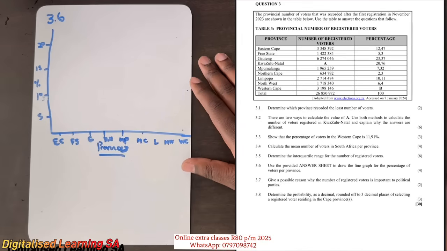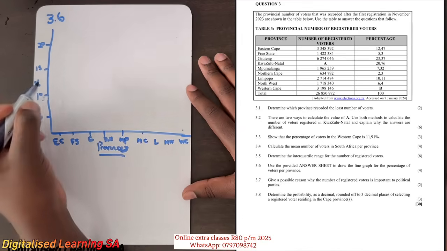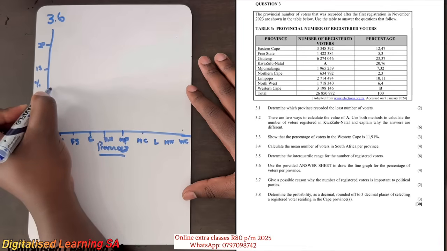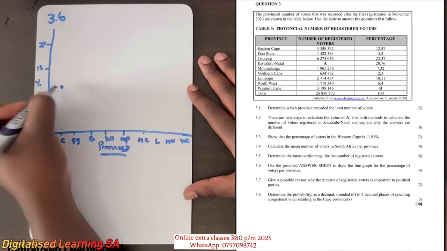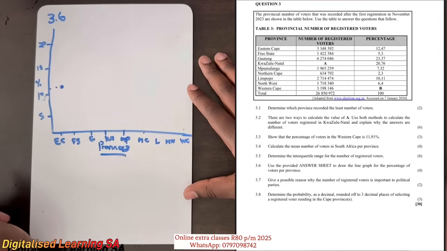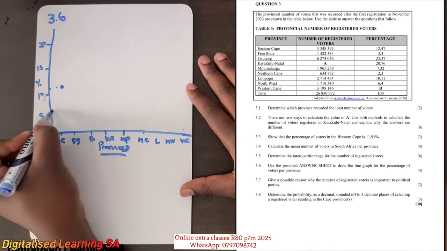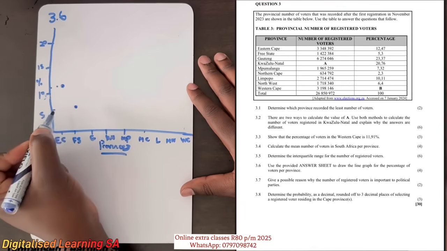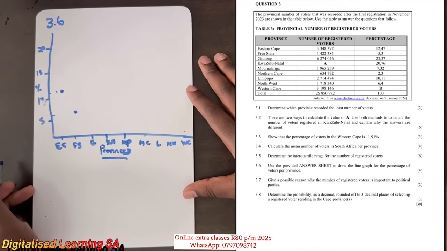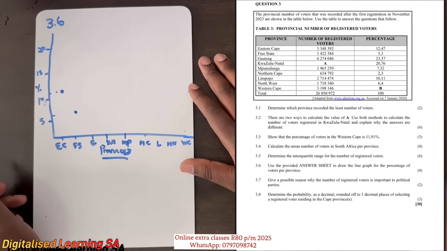Okay, so let's look at Eastern Cape. How much was the percentage of Eastern Cape? It was 12.5, meaning that we are going to have our point here. Remember that it needs to be 12.5 this side, and it needs to be Eastern Cape this side. So we'll have our first point here. And then next, Free State, it was 5.3. So 5.3 will be somewhere here, meaning that we'll have our point here. Next, Gauteng was 23.37.